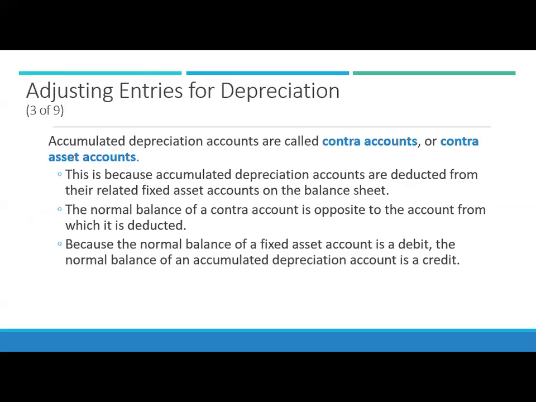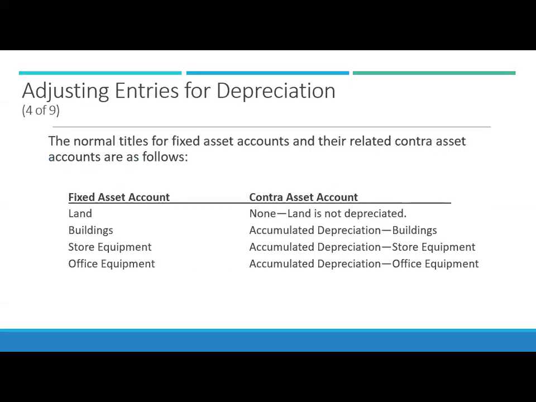Generally, unless the fixed asset is being sold or disposed of, accumulated depreciation will always have credits happen to it. So our entry to record depreciation is debit depreciation expense, credit accumulated depreciation. When we have a building, for example, the buildings account is an asset, a debit account. What we do not do is debit depreciation expense and credit buildings.